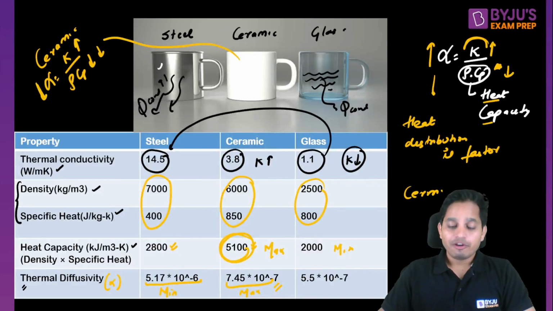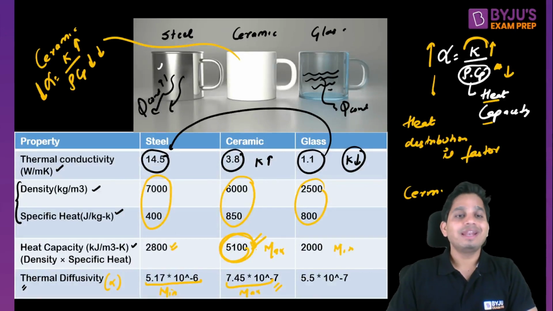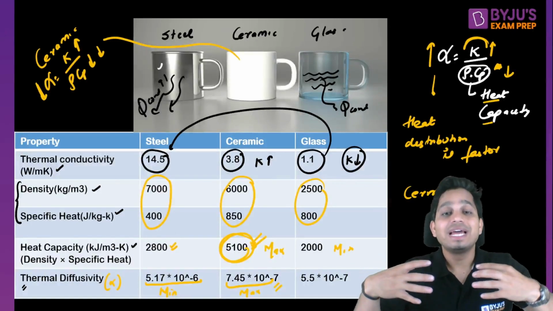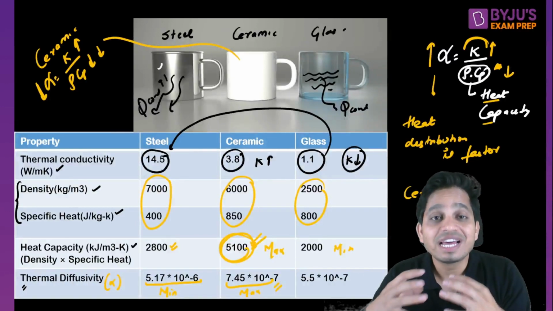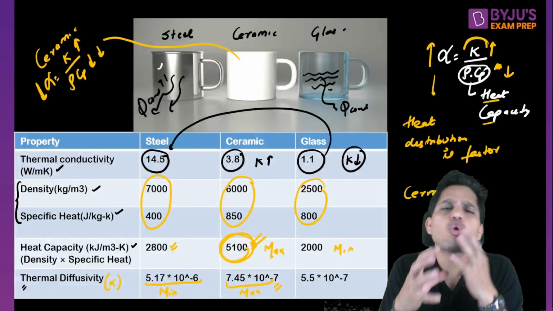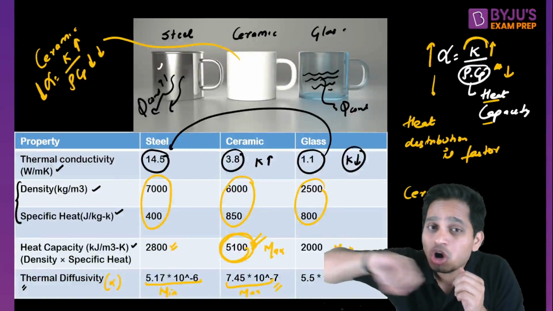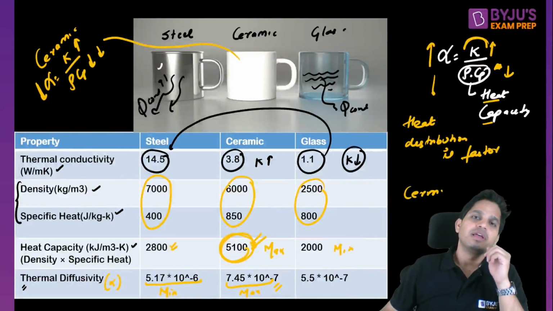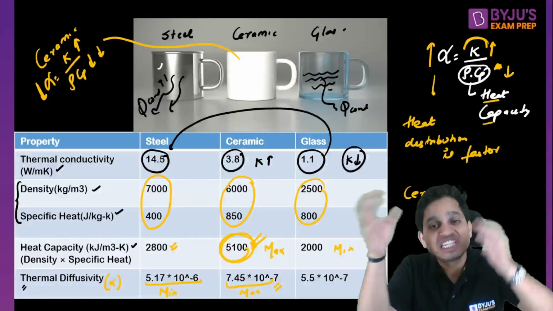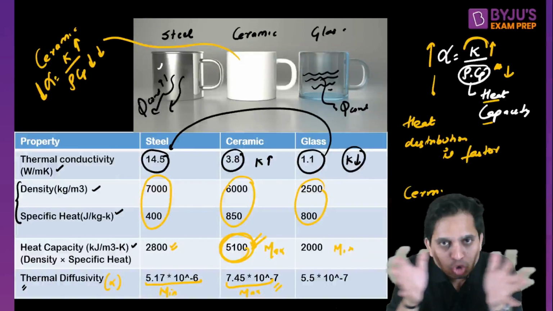What does it mean? When heat capacity is maximum, that means the ceramic cup is able to store more heat. It is not allowing it to go outside. It is not distributing it in the whole cup. It is just storing it.